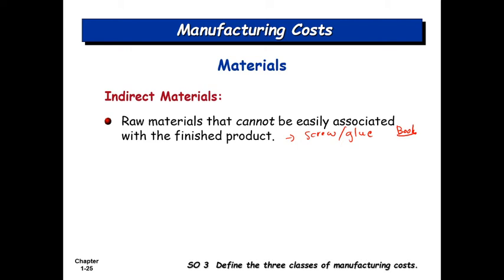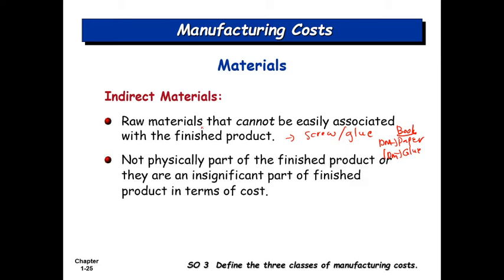If you want to produce a book, paper is your direct material, and glue is your indirect material. It is not physically part of the finished good, or it is an insignificant part of the finished good in terms of cost, which means we cannot trace it.